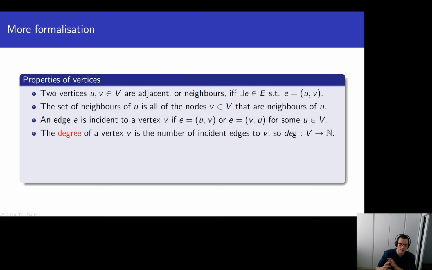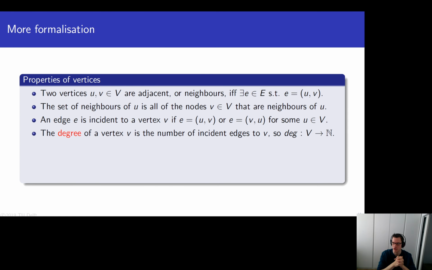Then we have the degree of a vertex. That's the first new thing here. The others are just formalizations of the previous slide. The degree of a vertex is the number of incident edges. So for every vertex, this is at least 0 and at most some integer number.